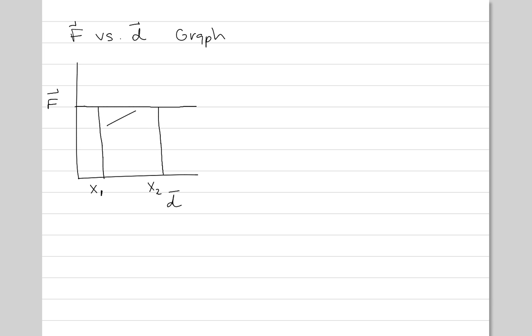What we can do is shade underneath the graph. You guys have seen this before with velocity time graphs. So what generalization can you make here? On a graph of force versus displacement, the area under the graph gives the work, right?